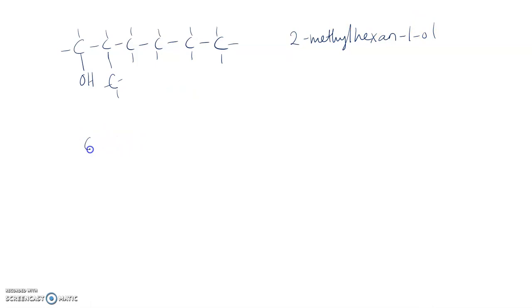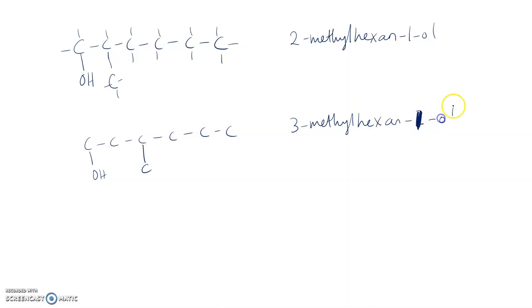I can also shift the branch to here, the third carbon, so this would become 3-methylhexan-1-ol, because the OH is still at 1.